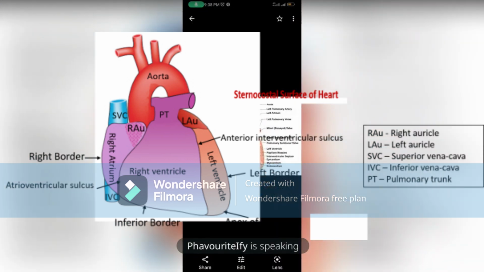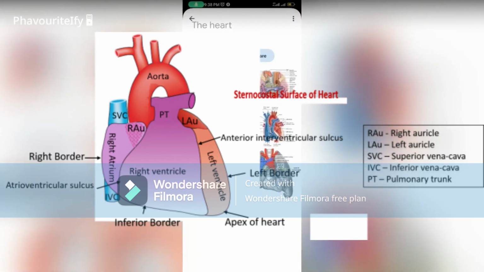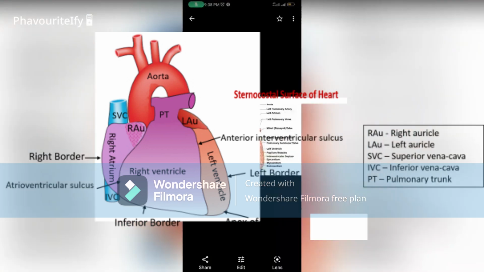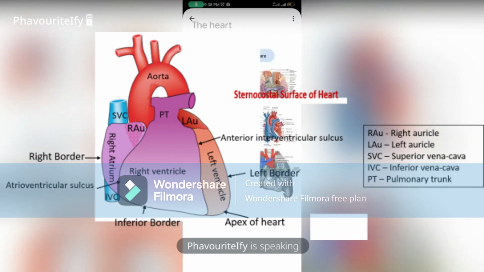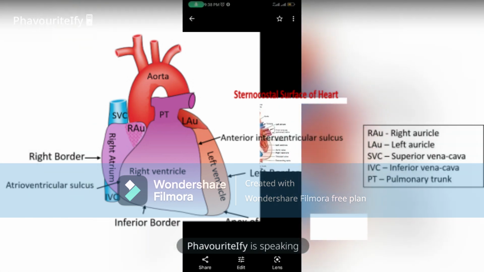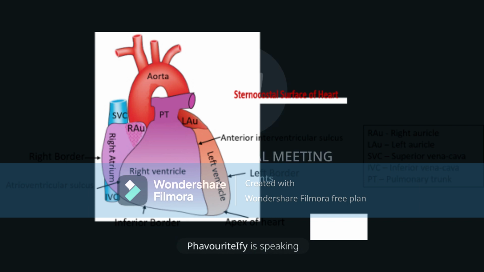This apex underlies the site where the heart beats may be auscultated, that is heard on the thoracic wall. It is located at the inferolateral part of the left ventricle. So it is the site where the heart beats may be heard on the thoracic wall.